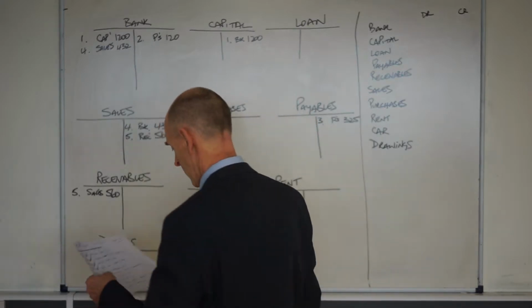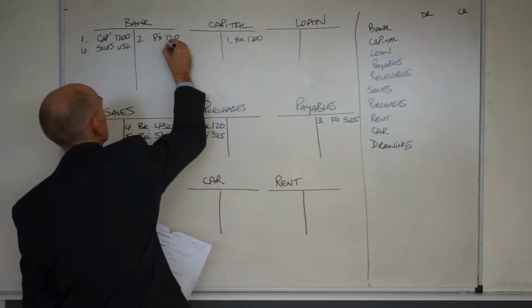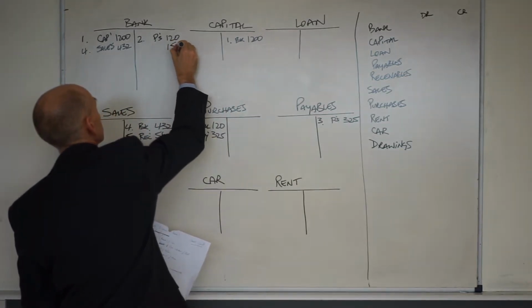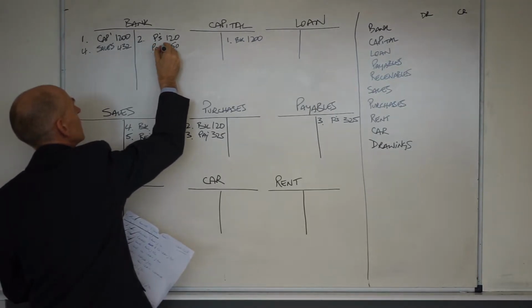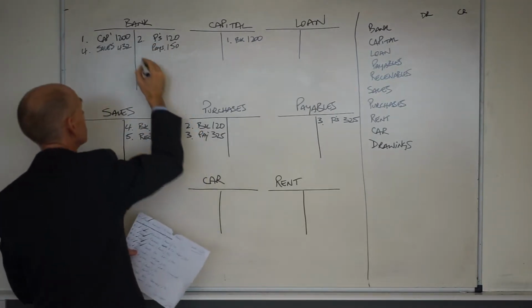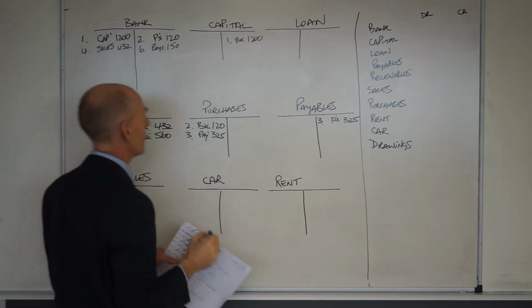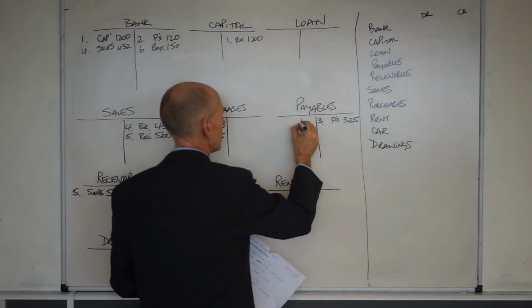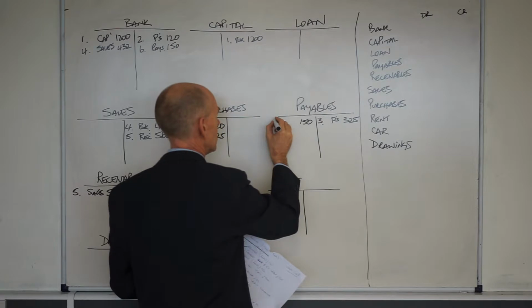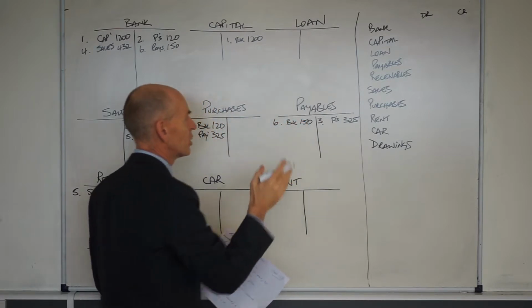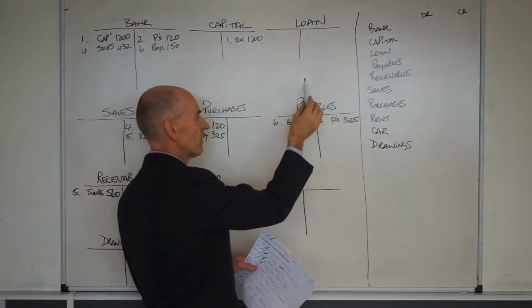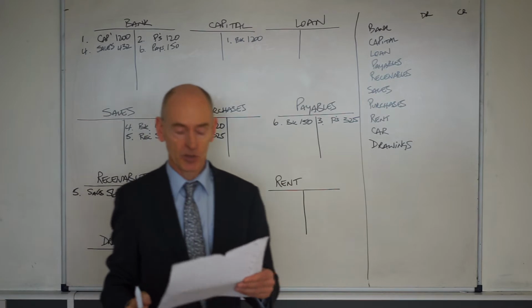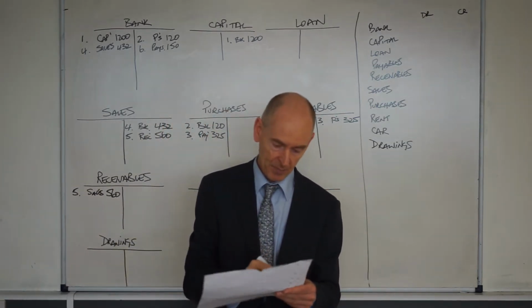So £150 leaves the bank to payables. It's transaction number 6. So £150 on payables, £150, transaction 6 from the bank. So we've reduced our liability. Payables is a liability, reduction of a liability is a debit entry. So you can see what's happening there.